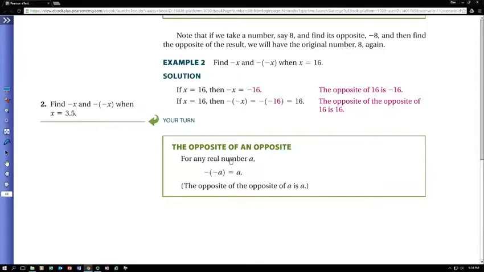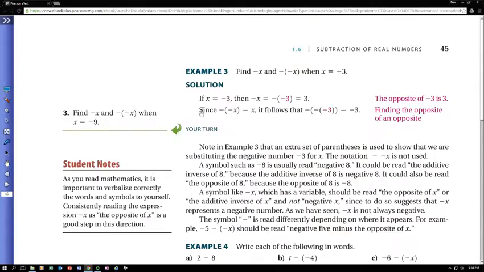Okay? So a lot of ways to prove this is to actually put in the numbers for what that negative really means. Now, here's where we get in trouble. This means the opposite of, the additive inverse of, or negative 1 times whatever x is.